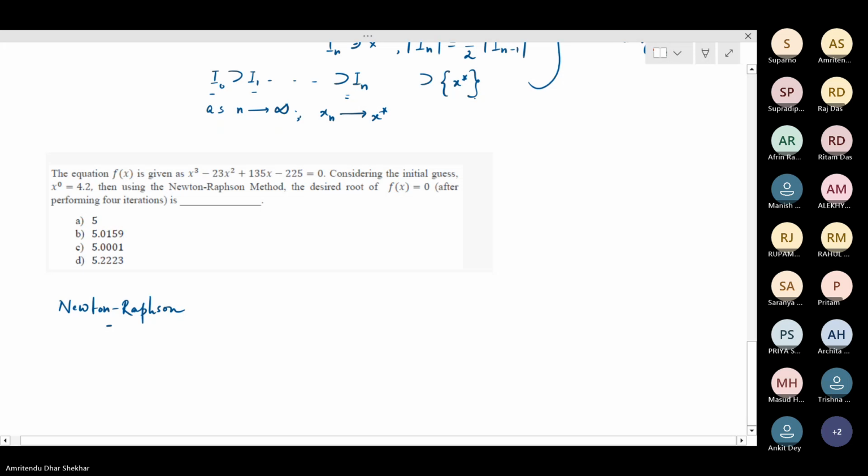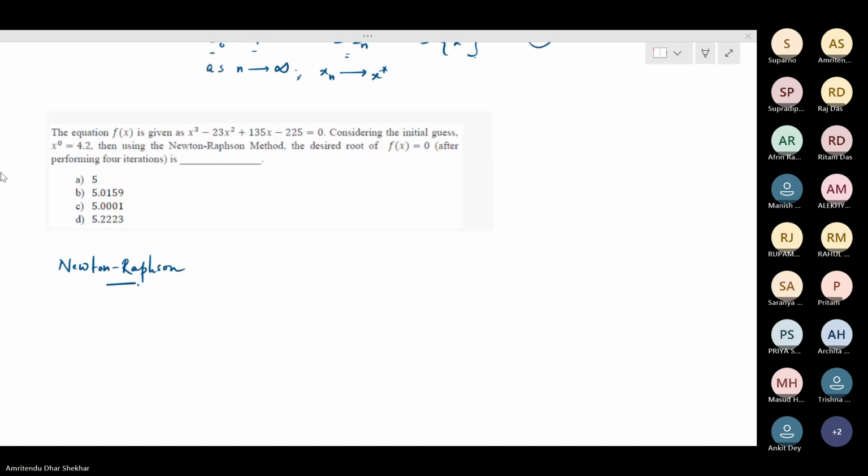This is basically the iterative scheme: xn plus 1 is equal to xn minus f of xn by f dash of xn.